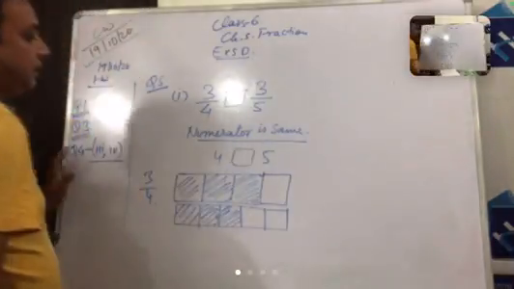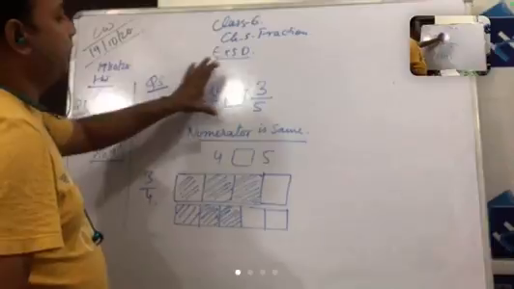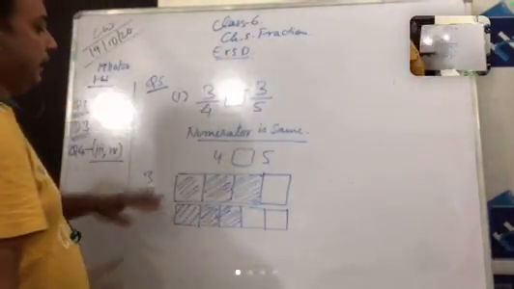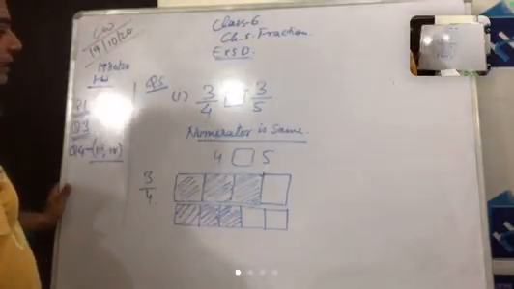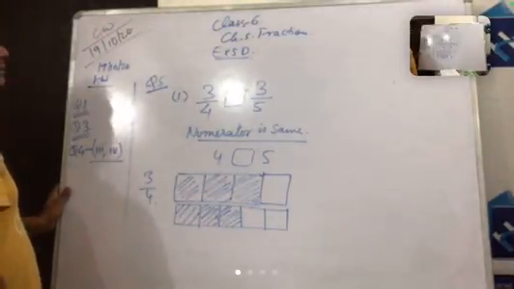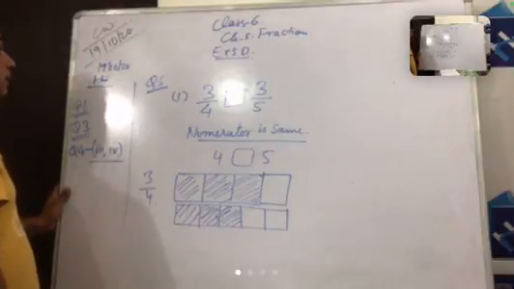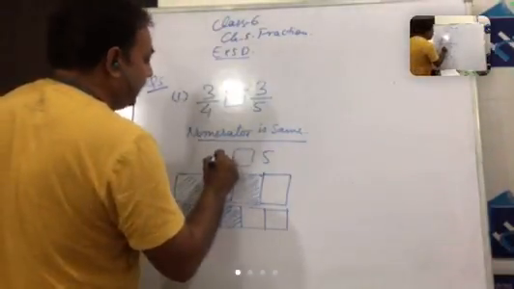Now anyone answer me, which is greater, 3 upon 4 or 3 upon 5, if the numerator is same? कोई मुझे बता सकता है कि कौन सा बड़ा होगा? Yes, 3 upon 4 is greater.